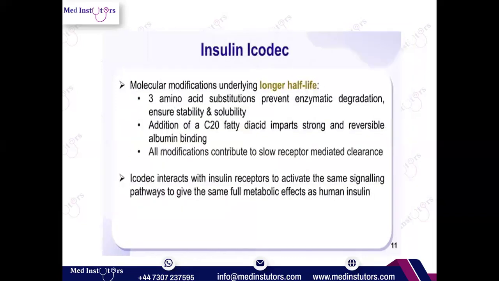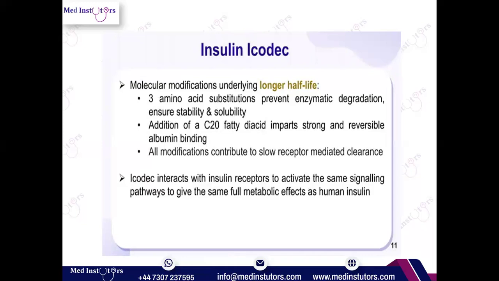The molecular modifications underlying the longer half-life of icodec are attributed to 3 amino acid substitutions, preventing enzymatic degradation and ensuring stability and solubility. Addition of a C20 fatty acid imparts strong and reversible albumin binding, and all modifications contribute to slow receptor-mediated clearance.